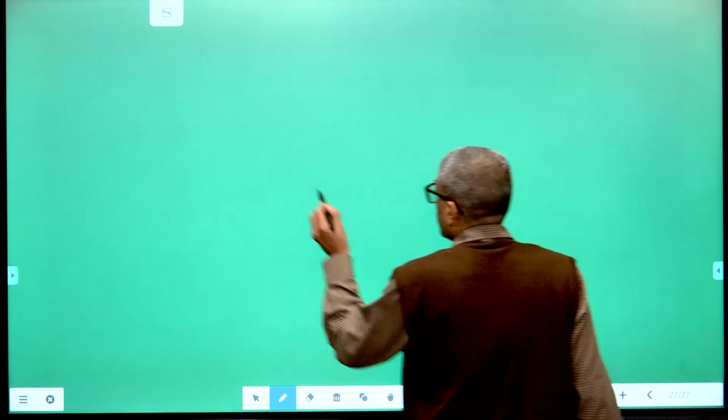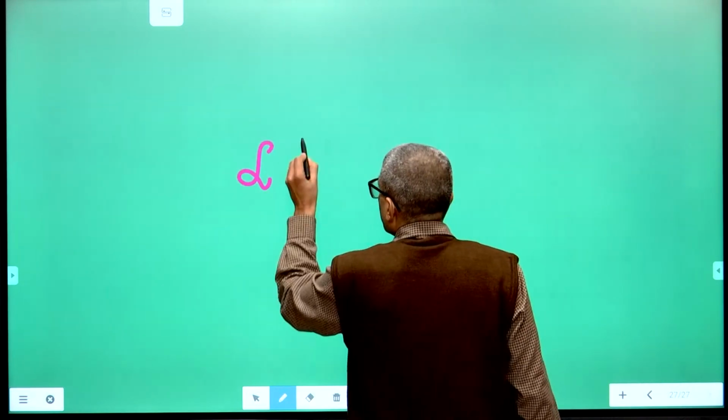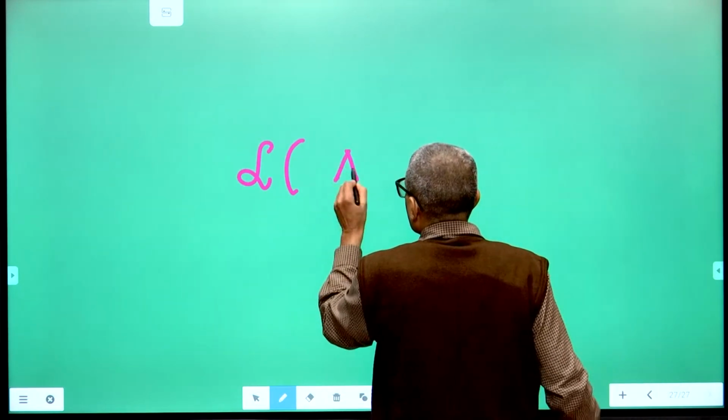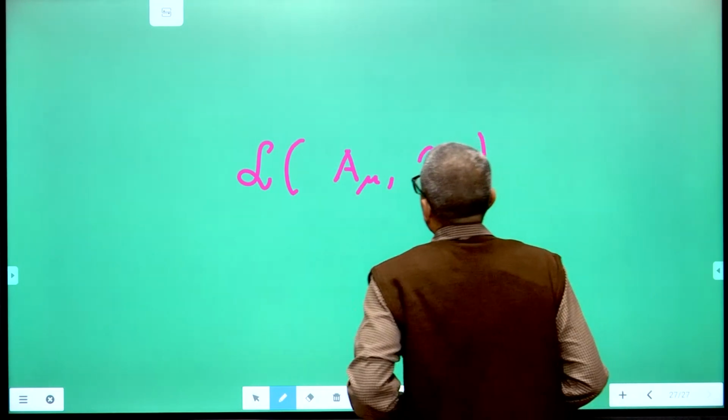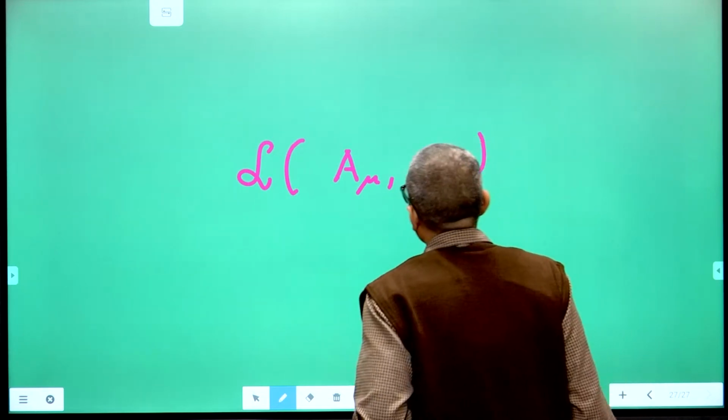You can look at it another way. Suppose you have a Lagrangian which is a function of A mu and also a function of psi, matter fields and gauge fields, and you require gauge invariance.